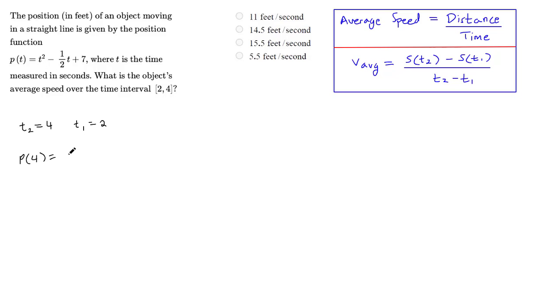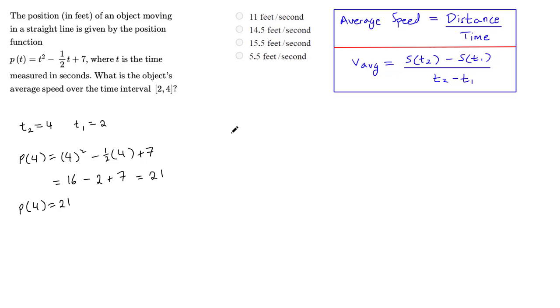So P at 4 is going to be 4 squared minus 1/2 times 4 plus 7. This gives us 16 minus 1/2 of 4, that's just 2, plus 7. And that gives us a total value of 16 plus 7 gives 23, minus 2 gives 21. So P at 4 is equal to 21.